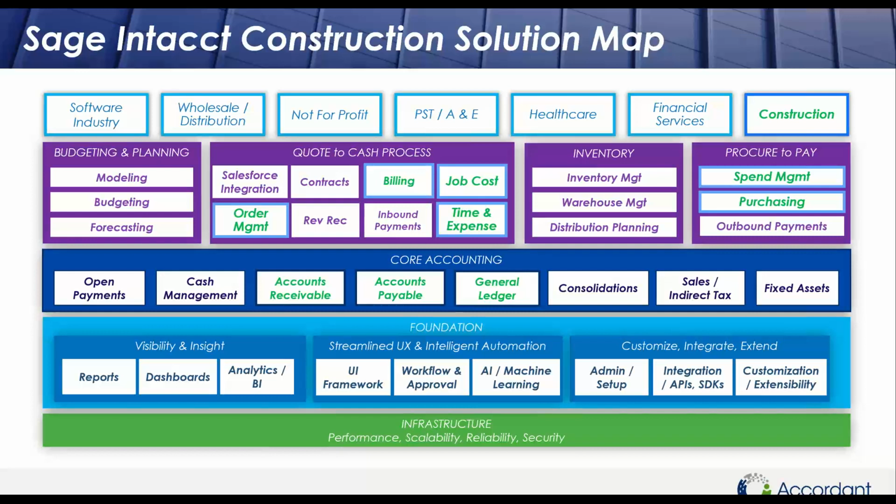So Sage has made some very specific enhancements, and I'll be more specific in the applications, but just a couple examples. Within Sage Intacct, we now have a highly flexible job, sub-job, aka extra, for those of you on 300, cost coding category, where that structure can be different by different types of work.